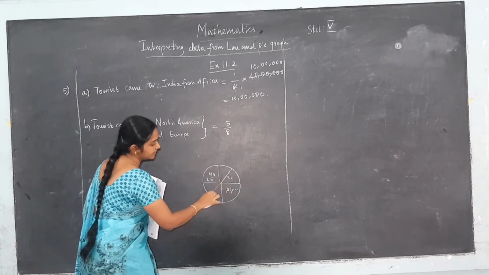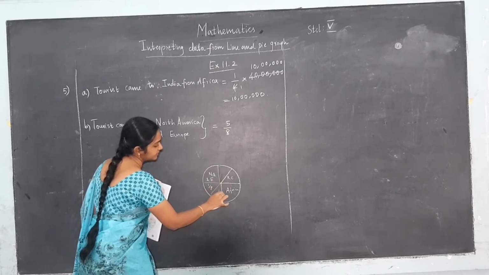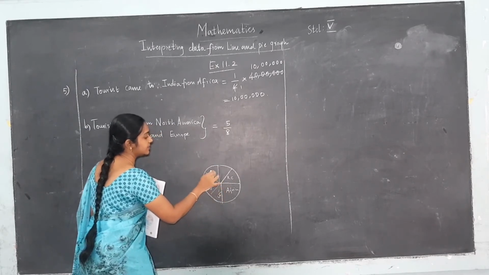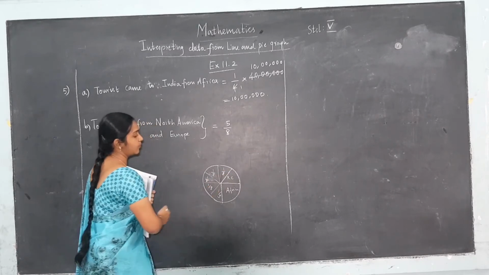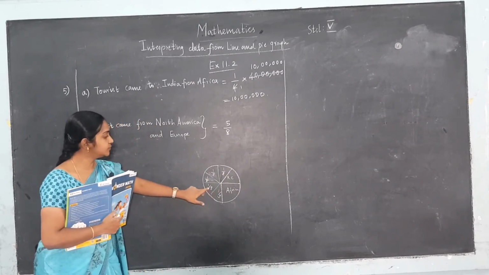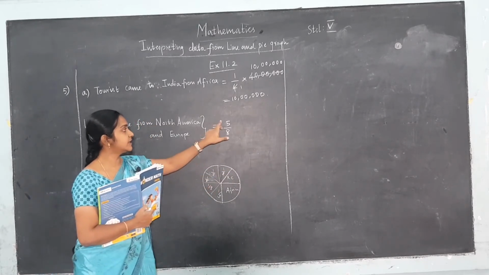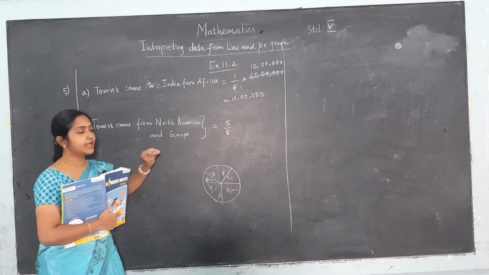In this quadrant there are 2 1 by 8, and in this quadrant there are 2 1 by 8, and here there is 1 1 by 8. So, 1 2 3 4 5. Totally there are 5 by 8 parts.